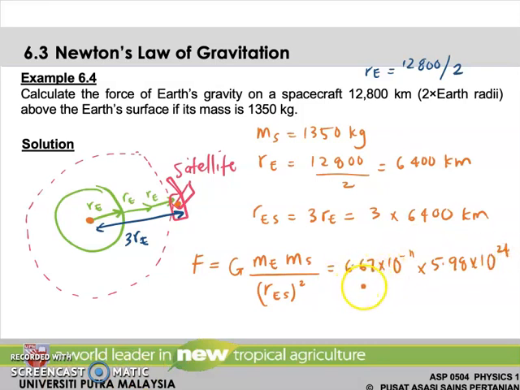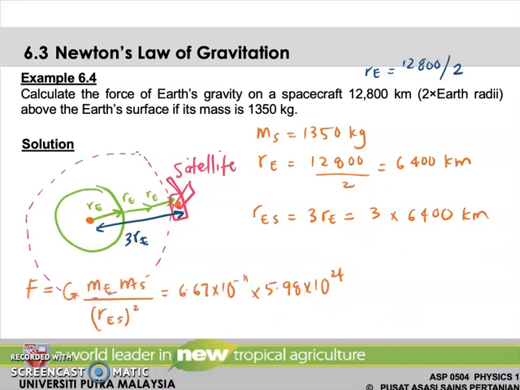And the mass of satellite is 1350. I need more space. Give me a minute. So times 1350 kilograms divided by 3 times 6,400 squared. So that is your force of Earth to the satellite, which is also force of satellite to the Earth.